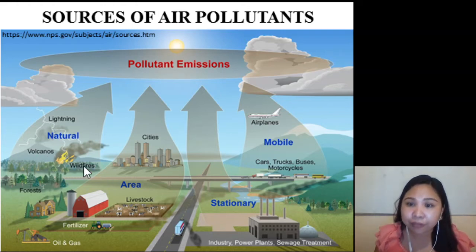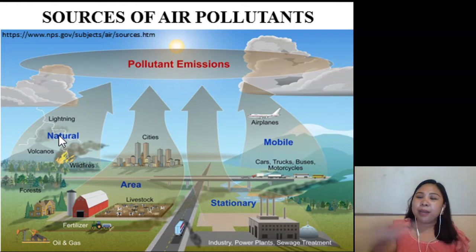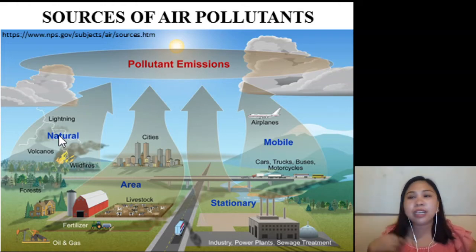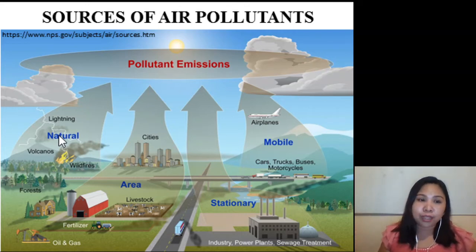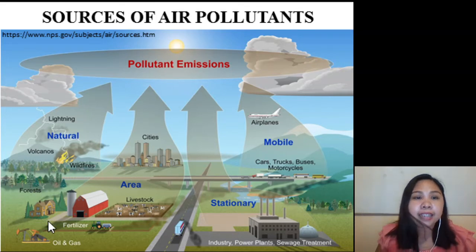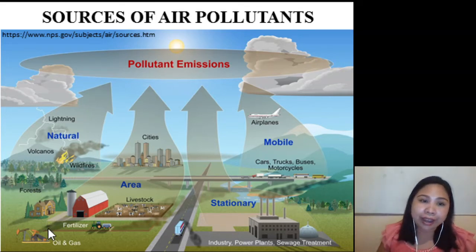Whenever there is a wildfire, the burning of forests, intentionally or accidentally, it releases pollutants. Another source of pollutants is the area source.